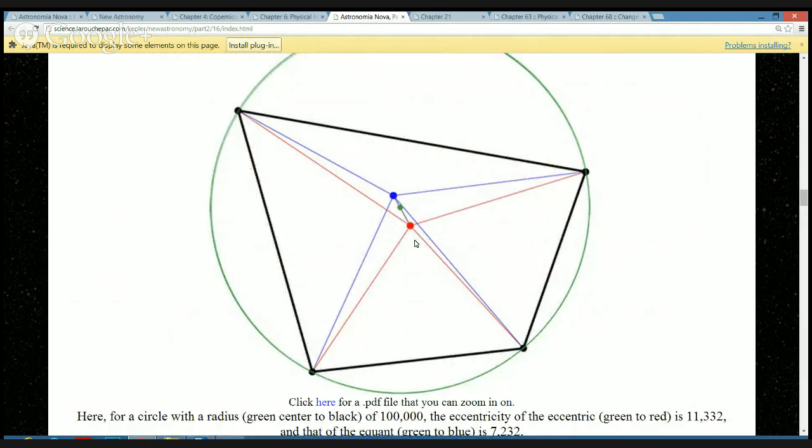Red's the sun, green's the center of the green orbit, and blue is the equant around which the mean longitudes, the mean anomalies, and those angles measure when Mars was seen. The angles around the red are where Mars was seen by looking at it on those special days when the sun, Earth, and Mars lined up, so we know where the sun would have seen Mars.